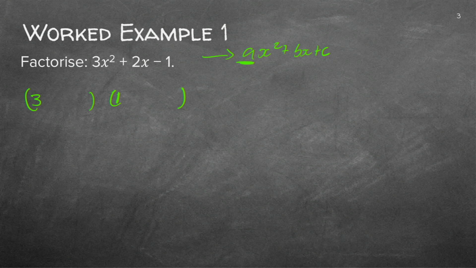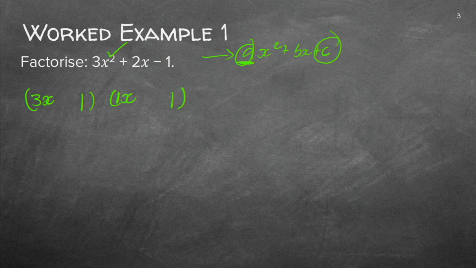And remember 3 was accompanied by x squared, and the factors of x squared will be x and x. Now we forget about the factors of b. We look at factors of a and c only, such that when you add or subtract them, they give you the middle term, bx. So factors of 1, it's simply 1 and 1.